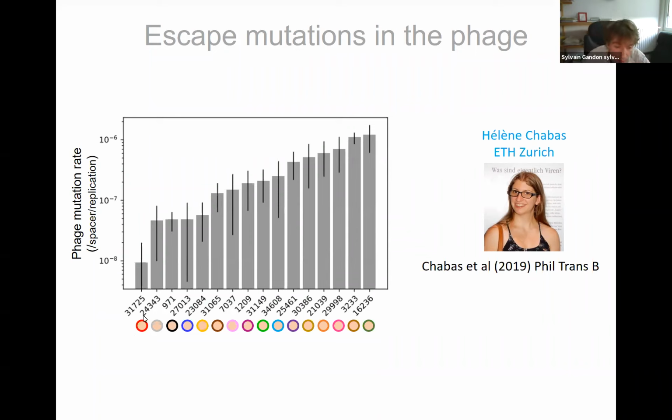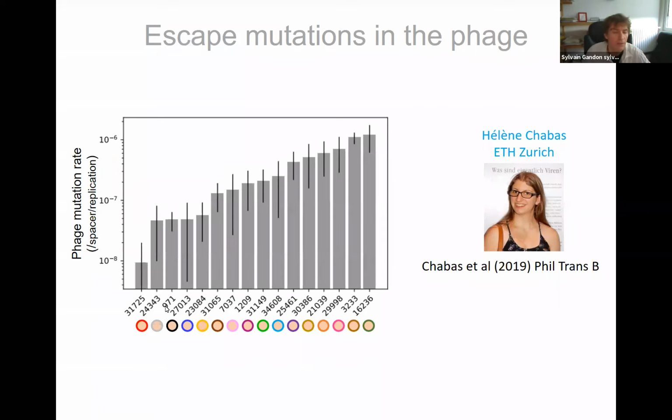For example, in this red bacteria, the protospacer was located in this region of the phage genome, and the rate of mutation was very low. And on the other hand, in this bacteria, where the spacer was located in another region of the genome, the mutation rate was very large.